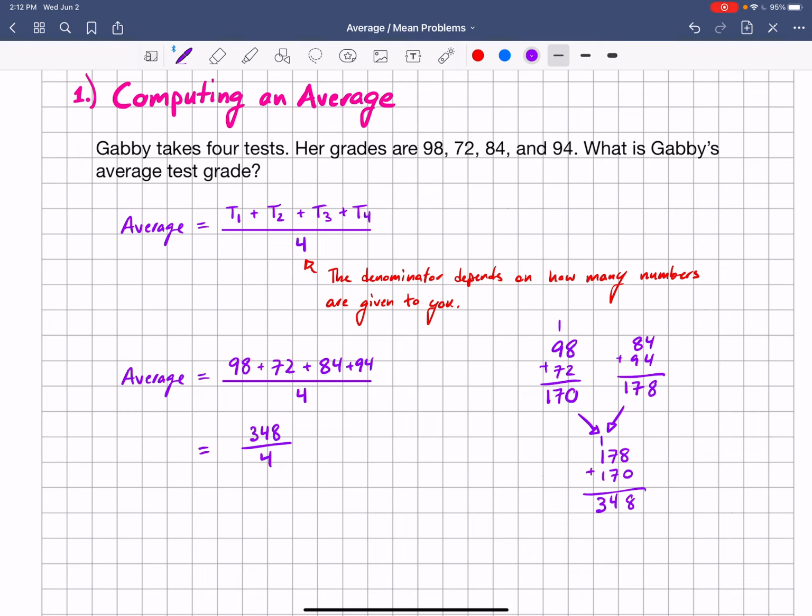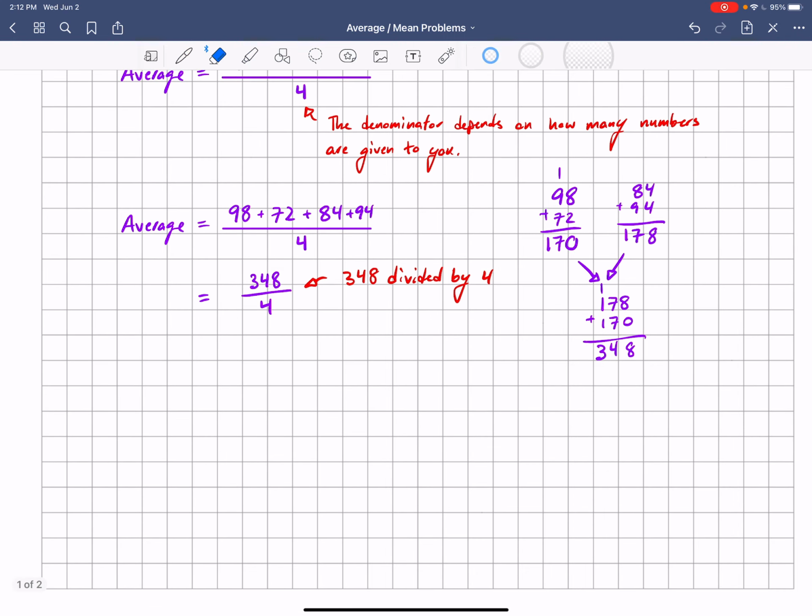Now, just a quick reminder, we can read this as 348 divided by 4. So the number that's being divided is always going to go inside the division bar. So we have 348, and the 4 goes on the outside. So how many times does 4 go into 3? 0 times. How many times does 4 go into 34?